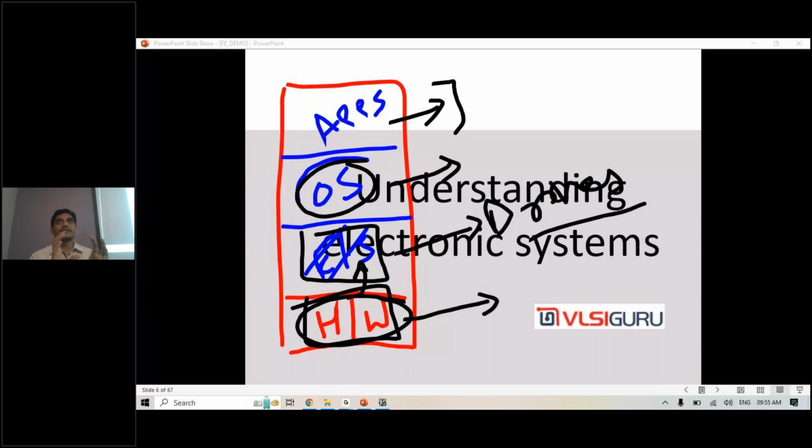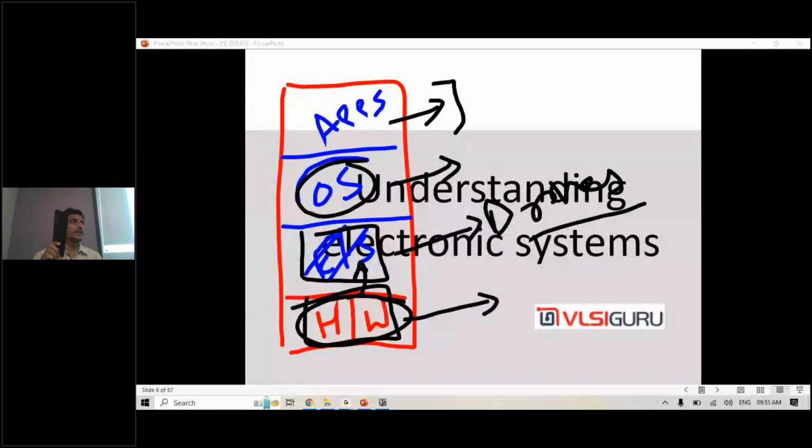Now let's take again the example of a bus. If there is no driver, can the bus do anything itself? Forget that automatic thing, the traditional bus. Without a driver, can the bus move itself? Nothing, right? So the same is the reality with the mobile hardware also. If there are no drivers, if there is no embedded system layer, firmware layer, hardware cannot do anything itself.